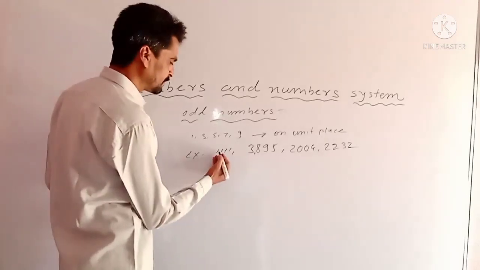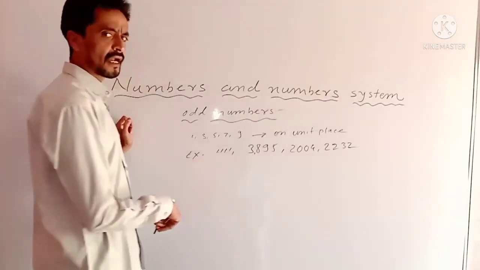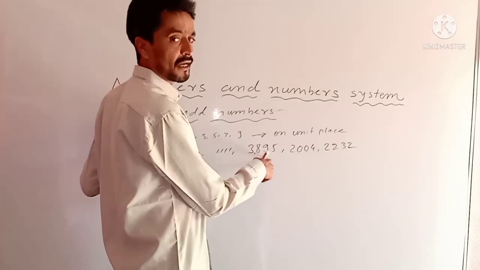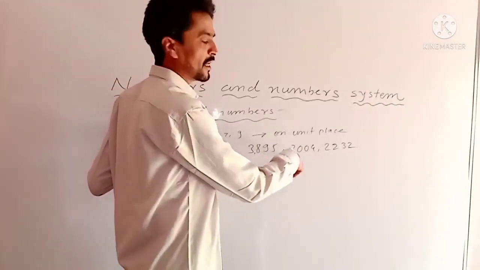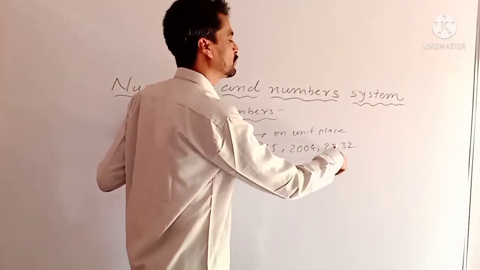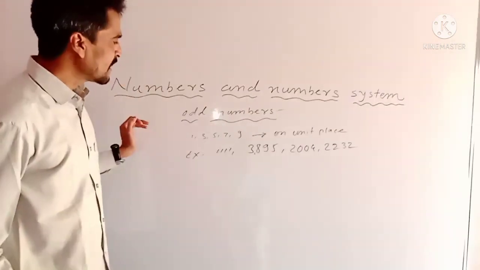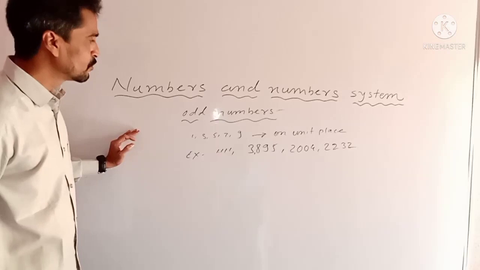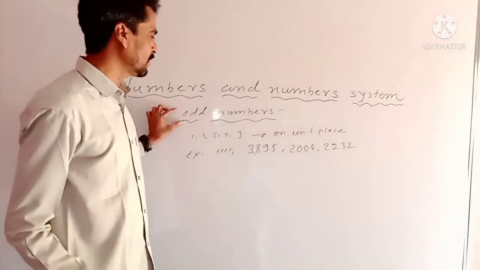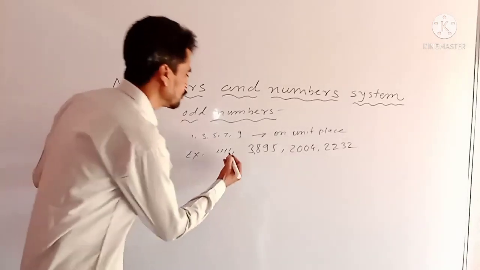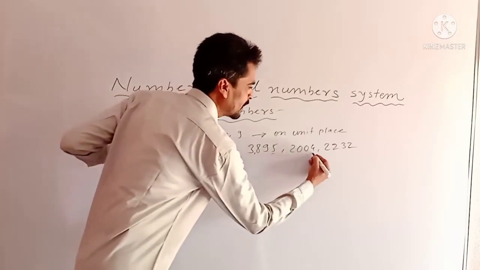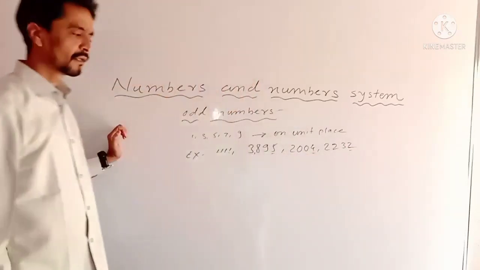So it is 1111, 3895, 2004 and 2232. To identify whether it is odd or even, we need to see its units place.